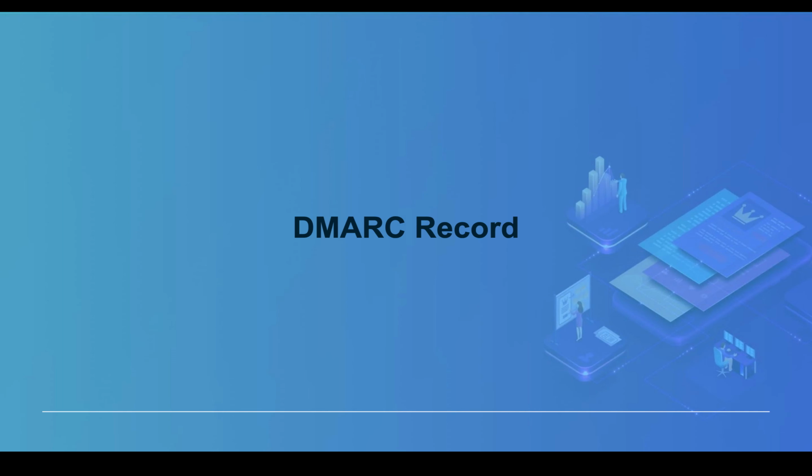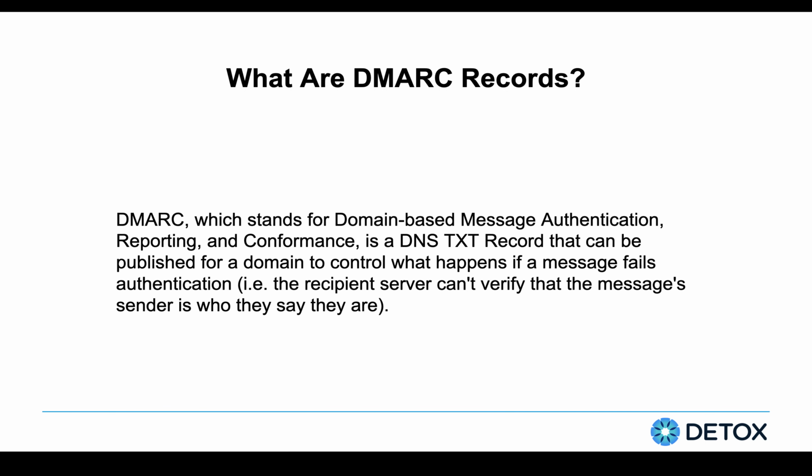Second one is your DMARC record. DMARC stands for Domain-based Message Authentication, Reporting and Conformance. It is a DNS text record that can be published for a domain to control what happens if a message fails authentication.